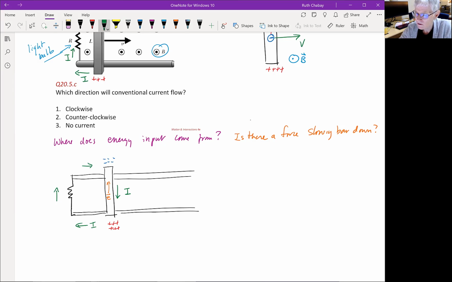And we can figure this out by now we're going to switch systems. Before we just had the system of one electron, now we're going to consider the system, the entire bar, and ask if there's a magnetic force on this bar, because this bar is a current carrying bar.